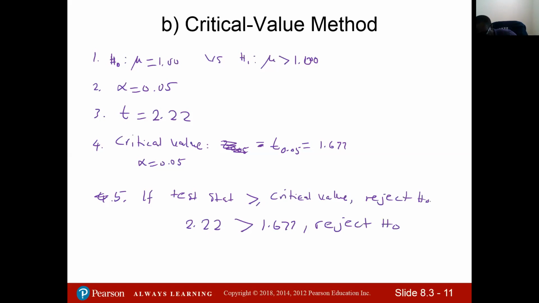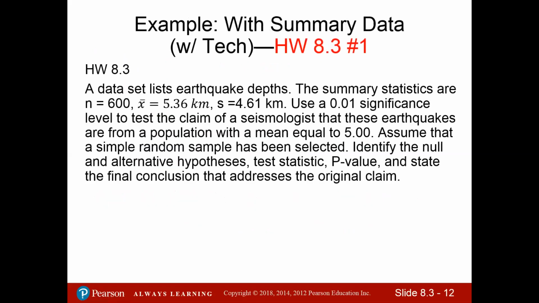Let's take another example. So this is with summary data, like homework question number 1. Here we are with summary data. My sample size n is 600. Sample mean is 5.36.